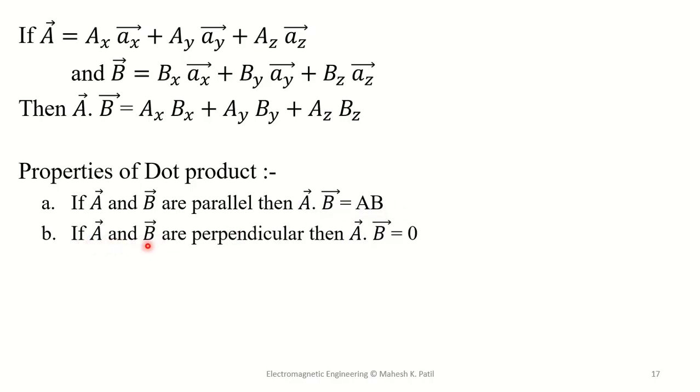If A bar and B bar are perpendicular, the angle between them is 90 degrees and cos 90 is 0, therefore A bar dot B bar equals 0.